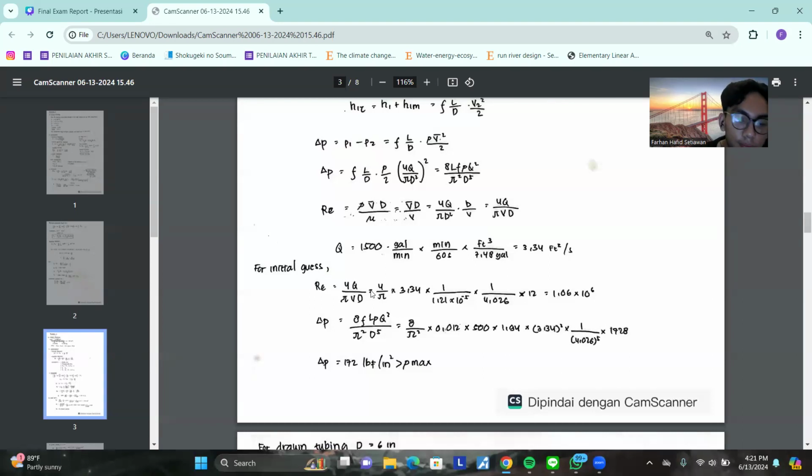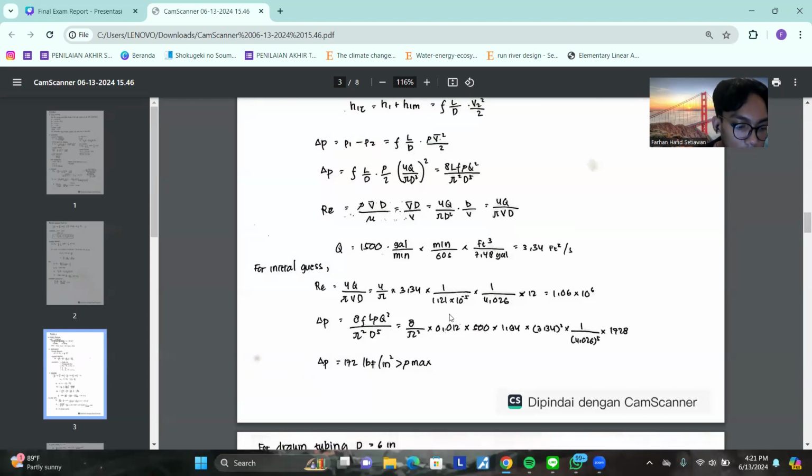So for the drawn tubing, epsilon equals 5 times 10 to the minus 6, and hence the relative roughness over diameter is 1.5 times 10 to the minus 5 for drawn tubing.